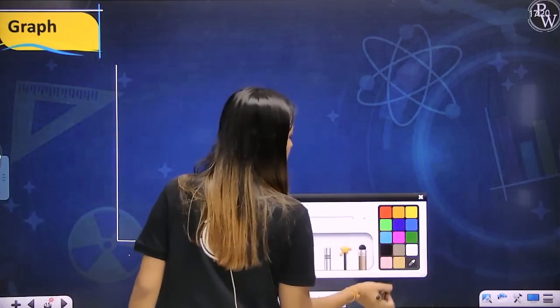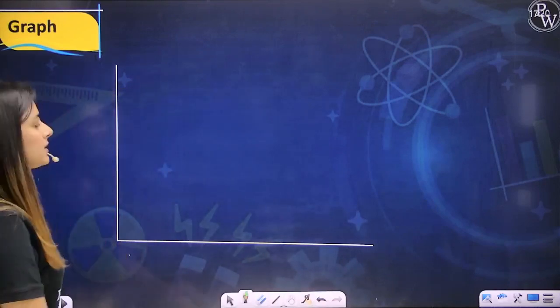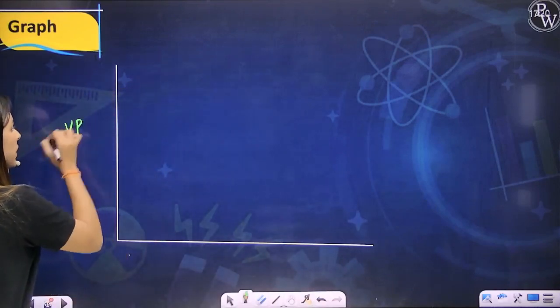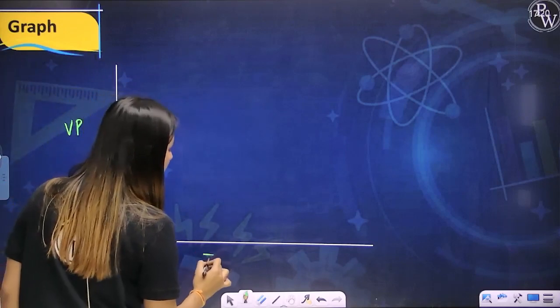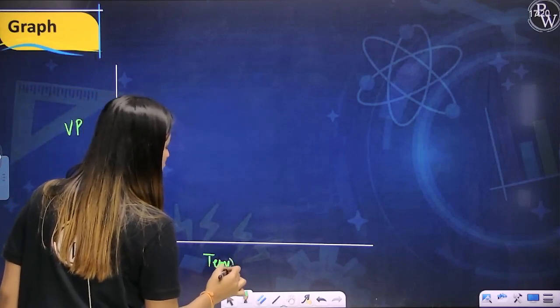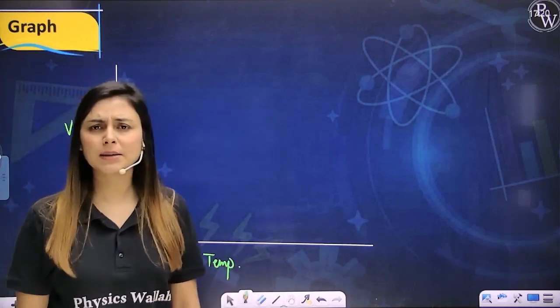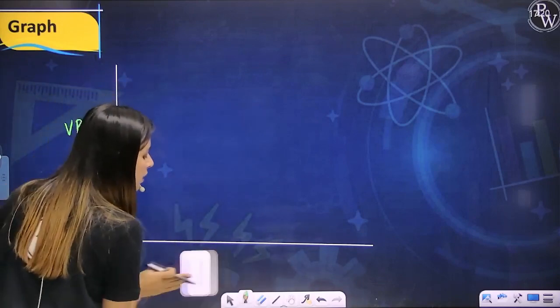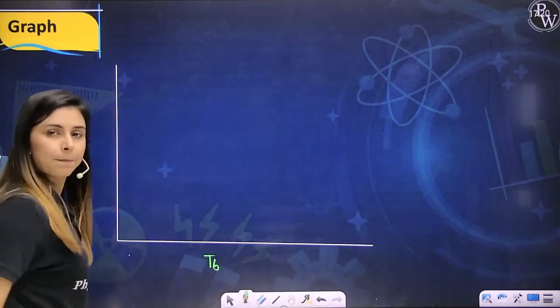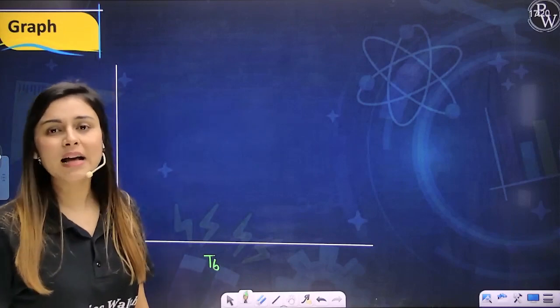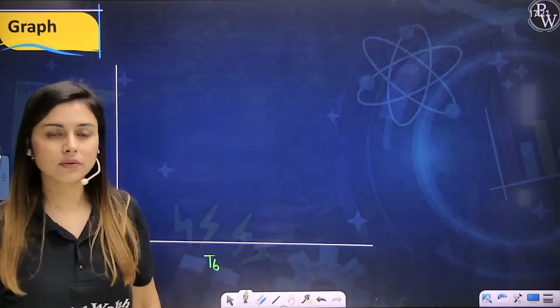Let's say on this axis you have the vapor pressure, and on this axis you have the temperatures, or better to say the boiling points, Tb. Now I am giving you two curves.